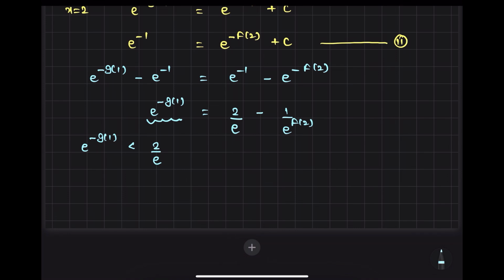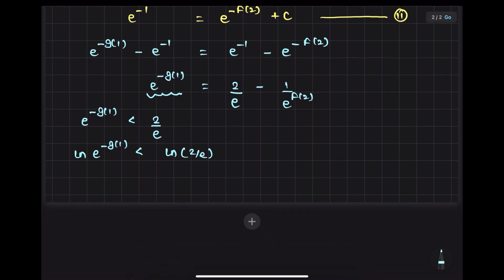So we will have ln e power minus of g1 less than ln 2 by e. Now look at this. You have minus of g1 smaller than, you can write this thing as ln 2 minus ln e. So ln e is 1.